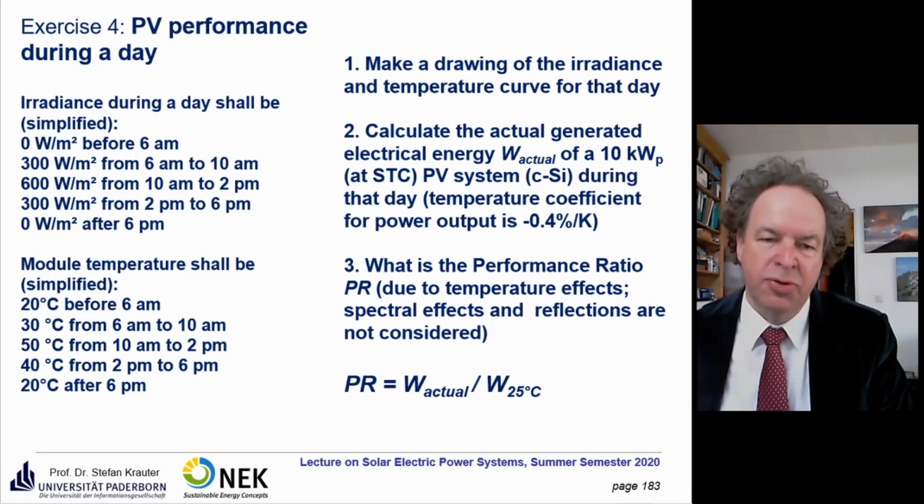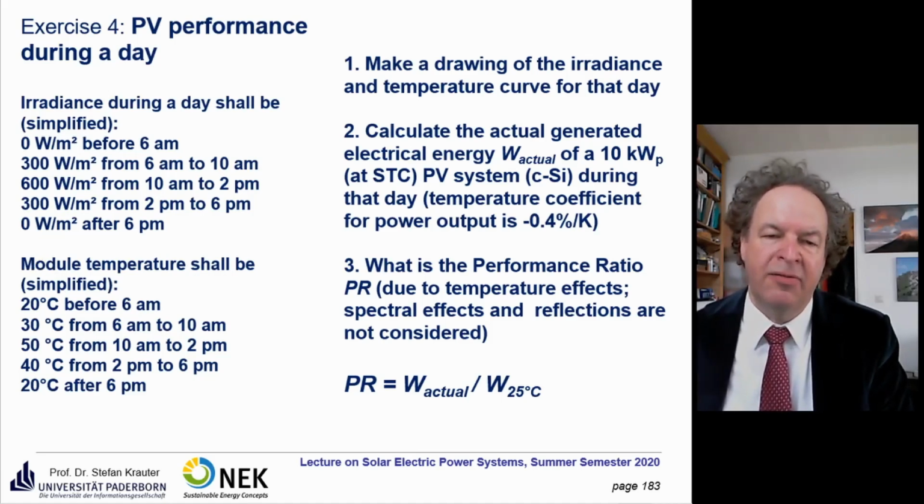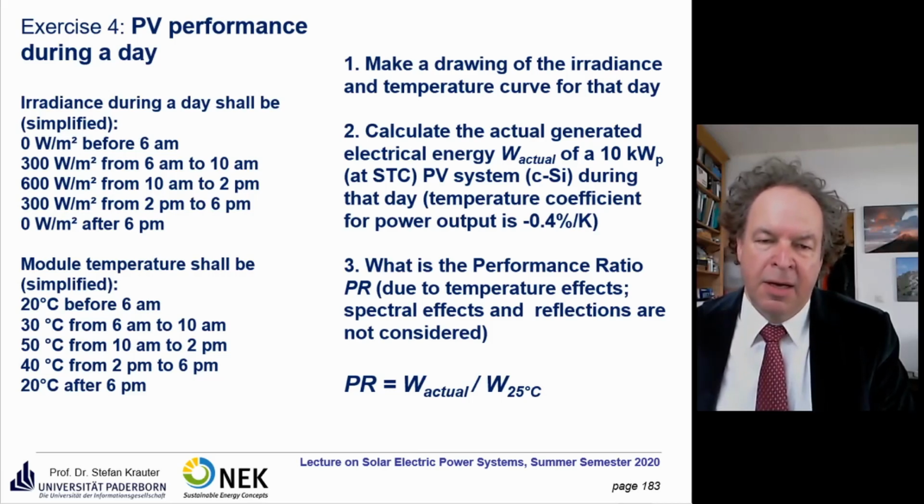That's simplified. Usually there's a continuously moving irradiance level of the sun, but we simplify the calculation for you. According to the irradiance, the module temperature elevates. Before 6 a.m. it's quite cold, 20 degrees Celsius, then there is some irradiance and the temperature starts to rise.